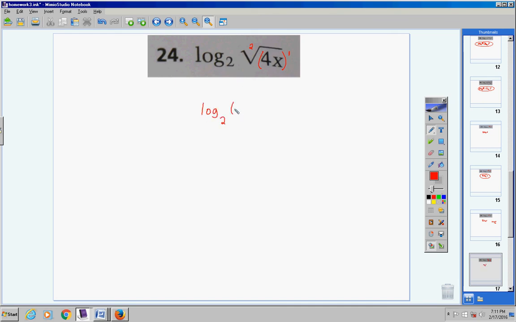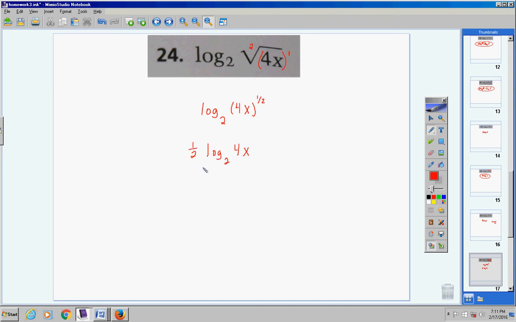Logarithm base 2 for... I'm going to do this 2 or 3 different ways, okay?